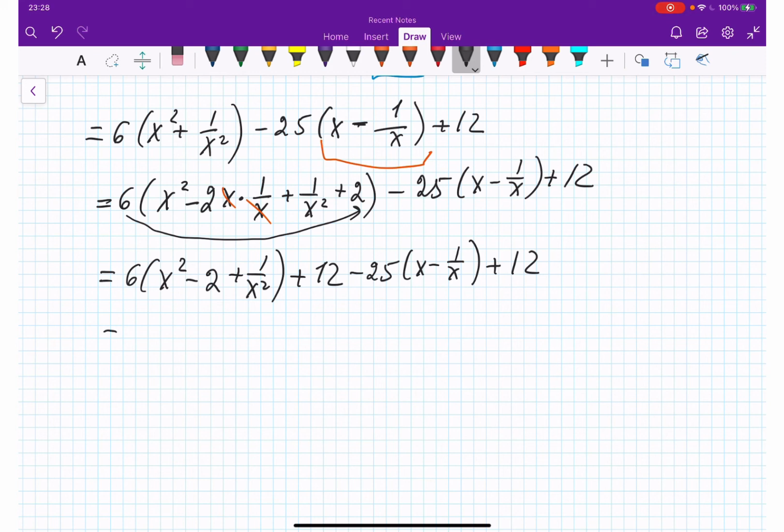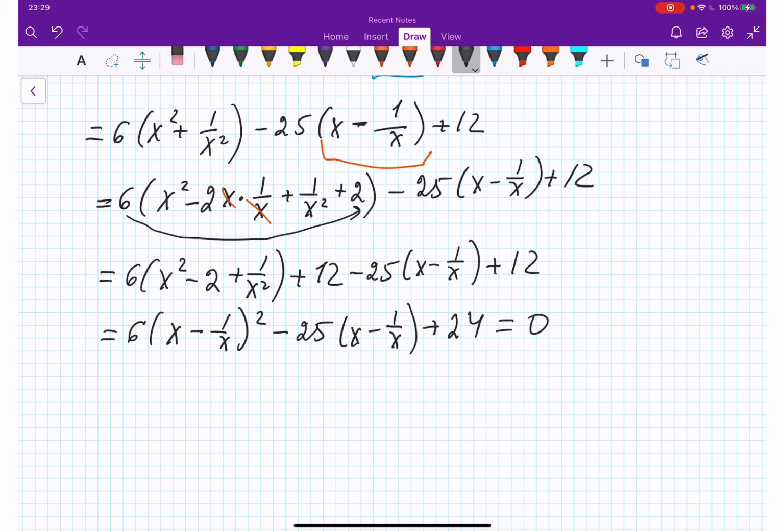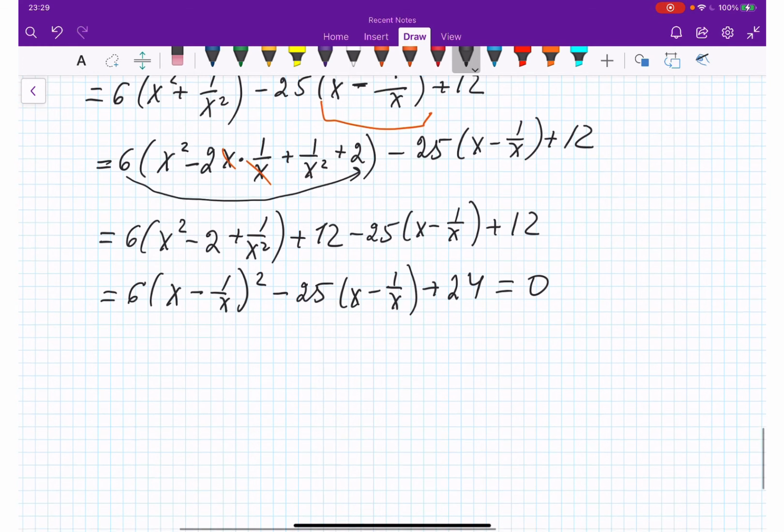So from here, we are getting 6 times x minus 1 over x squared minus 25 x minus 1 over x and plus 24. And since I am done with simplification, I can put it equal 0. All right.